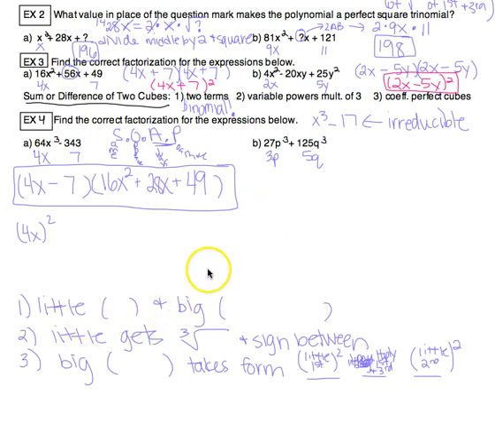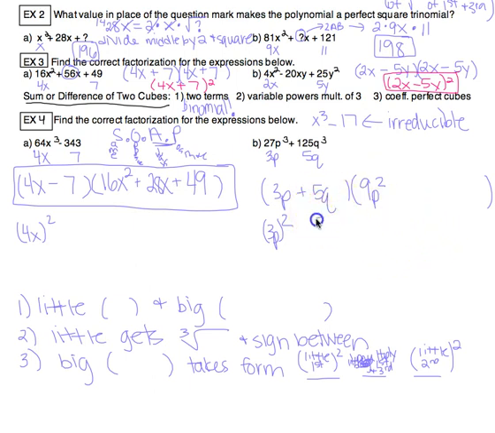So I set up my little parenthesis, so my baby and my mama. Binomial size, trinomial size. So in the little parenthesis, I get the cube root and the sign between. So 3p, sign between is plus, 5q here. Now, big parenthesis, take the little guy, square the front. So 3 squared is 9, p squared is p squared.